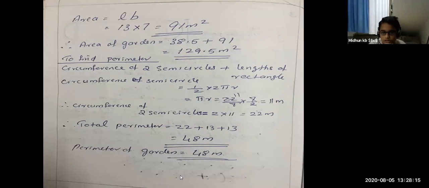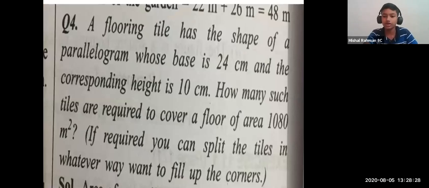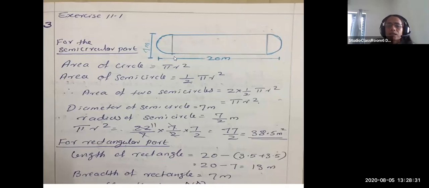We got the 13 by 20 minus 7, 13. I will show you that figure. That's why I asked all of you to move your finger on the figure. Perimeter is only the boundary.